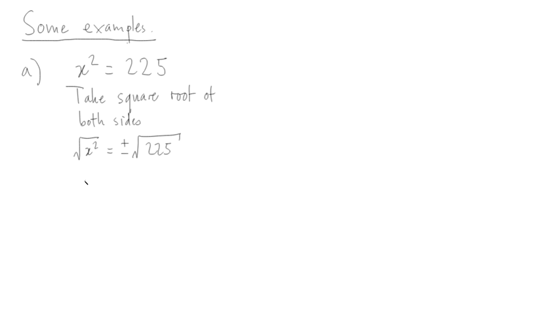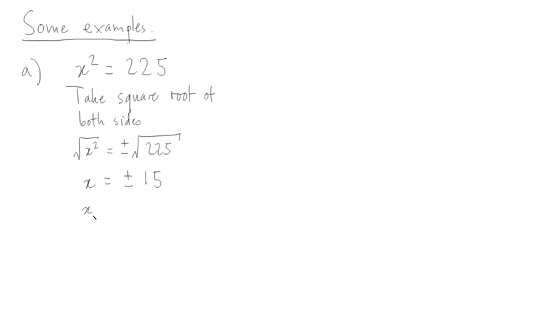So on the left hand side I just have x now, and on the right hand side I have the square root of 225, which is 15, but either positive or negative 15, because 15 times 15 makes 225, but minus 15 times minus 15 also makes 225. So in maths, you can show this way.